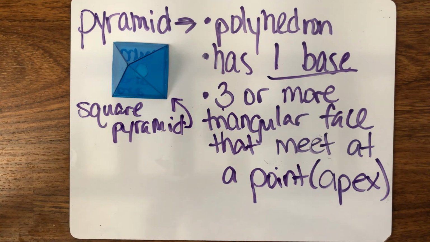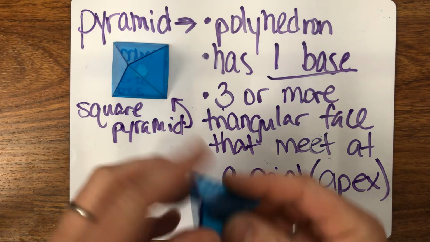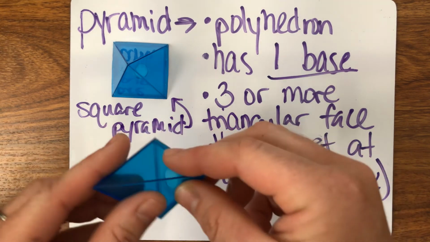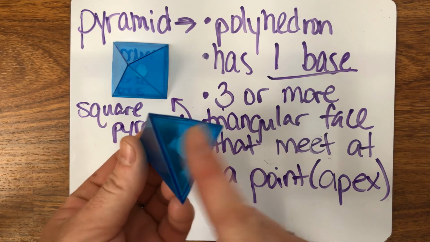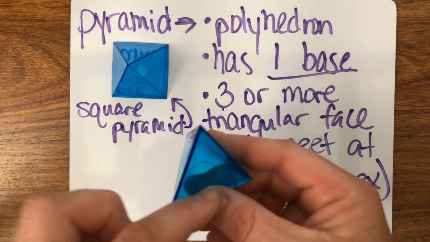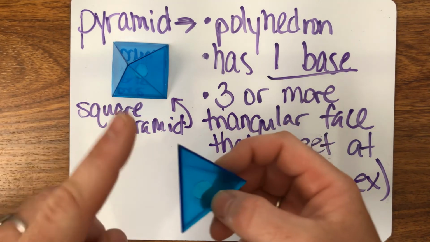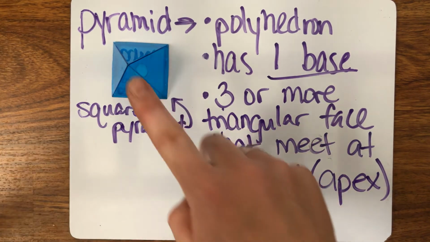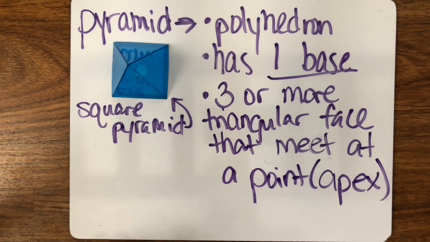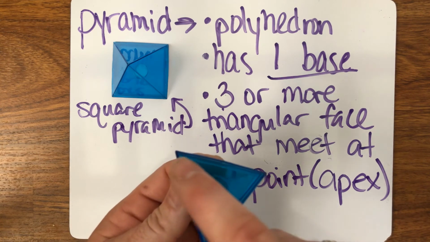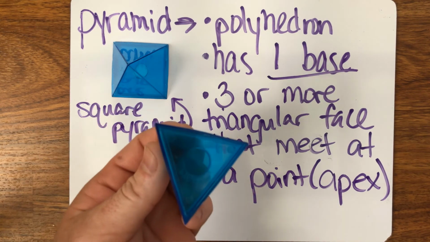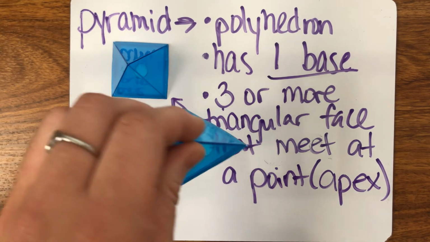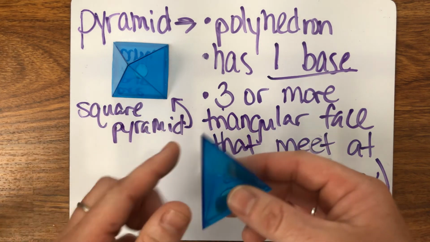And the last pyramid we're going to learn about looks like this. Okay, again, it has one base, and all of the other triangles are its faces, and they meet at a point. Now, the base of this pyramid was a square. The base of this pyramid is a what? It's a triangle.